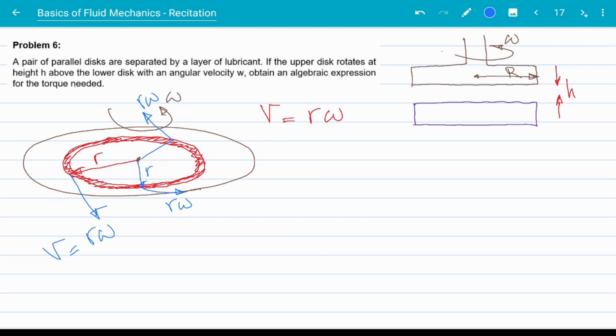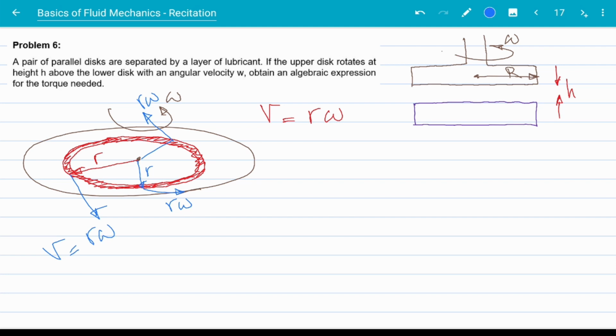All right, so we established that the fluid particles that are adjacent to the upper disk move with the velocity r omega, because that's the no-slip condition, right? Any fluid particle adjacent to the solid has the same velocity as the solid. Here, any fluid particle adjacent to this red element has the velocity r omega. But that's not all.